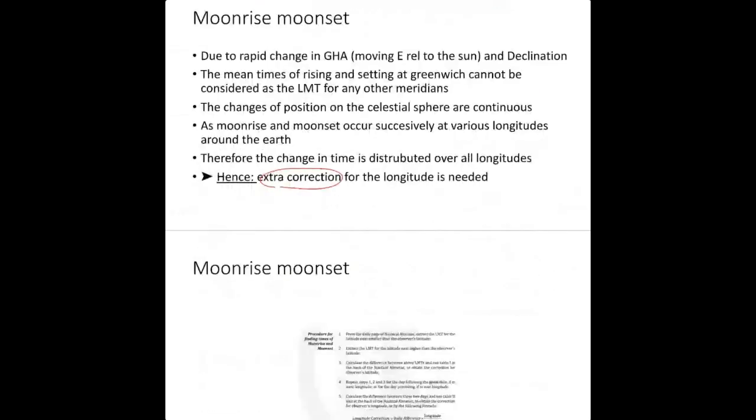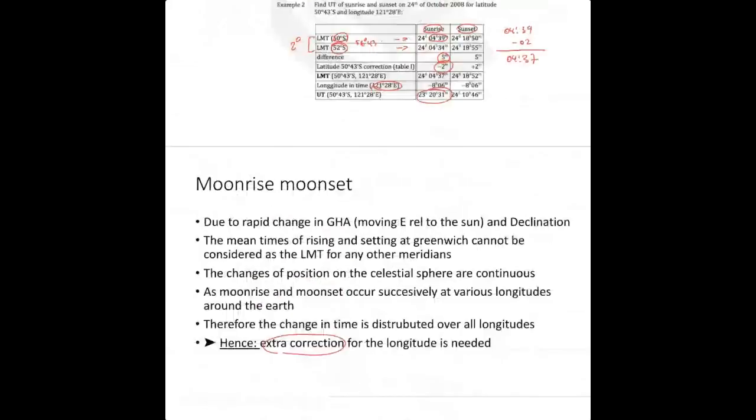Voilà. And then for moonset and moonrise, what should you do there? You do the same thing, but because of this rapid change in declination and GHA, you have to apply an additional correction for the longitude. Okay, this correction is spread evenly over all longitudes, and so this you can find in this table that you can see here.